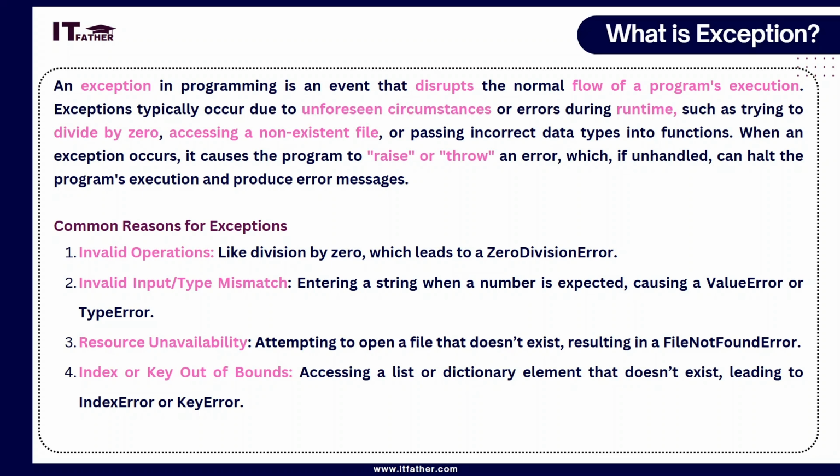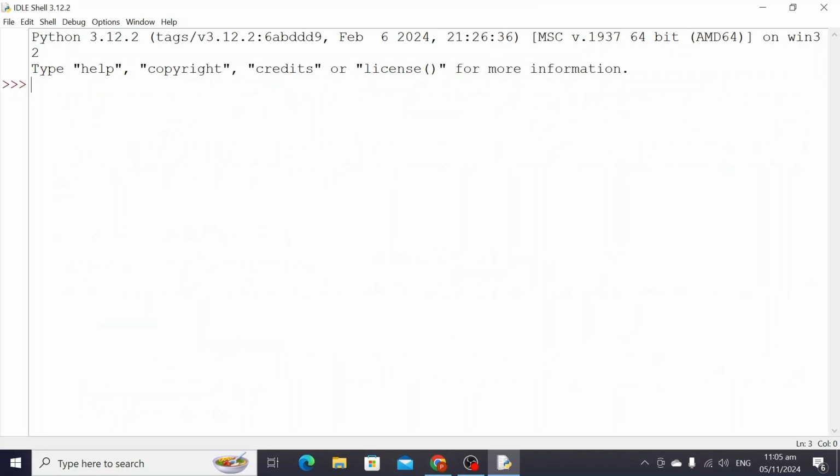In our normal programming, suppose we make a program in which we provide a number and need to calculate something, for example I am showing you with the help of an example right now. Suppose I am taking a equal to 300 and b equal to 4, and if I divide a by b, then proper output comes. So this is not an exception, this is not an error, there is nothing.